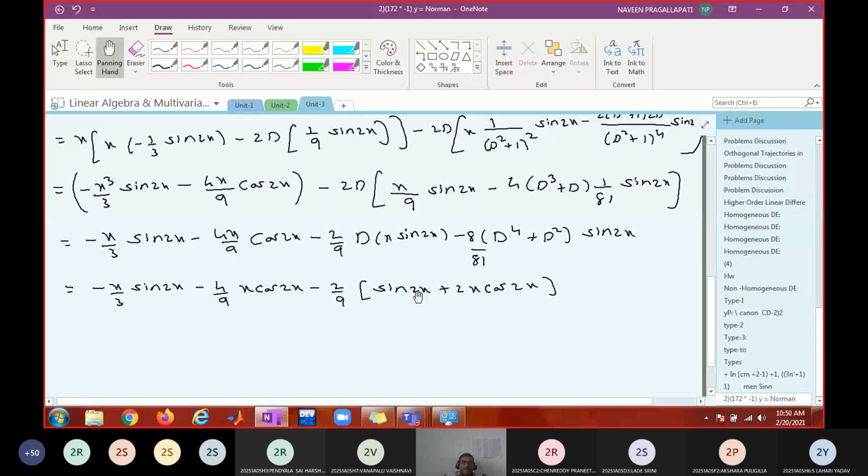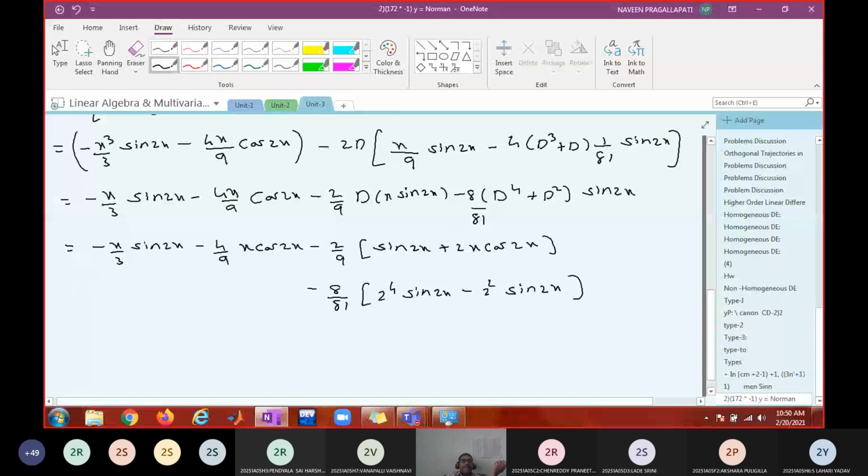Minus 8 by 81, 4 times derivative of sine 2x, cos, minus sine, minus cos sine. Is that okay? 2 power 4 of sine 2x, D square of sine 2x, cos minus. So minus 2 square of sine 2x. Do you agree? 4 times related to 2 times related. Okay?